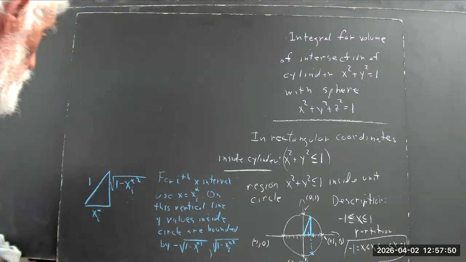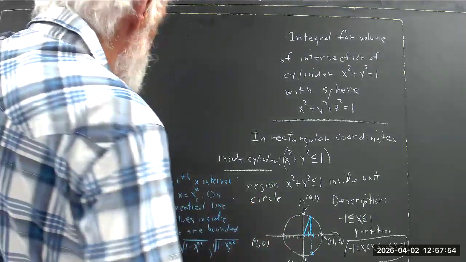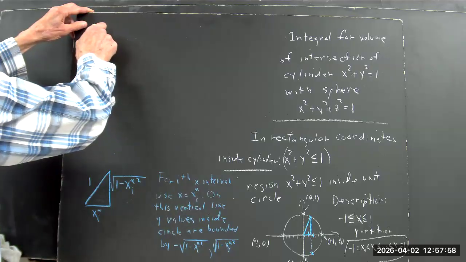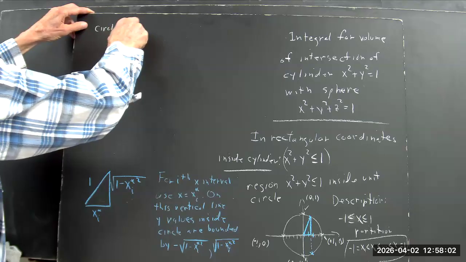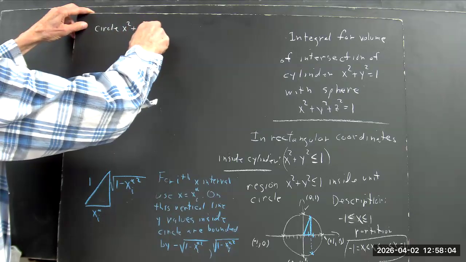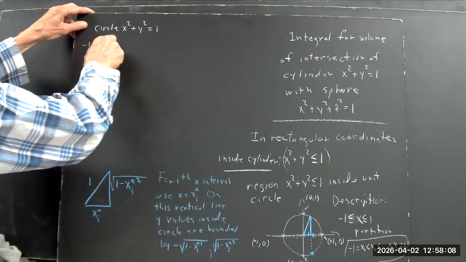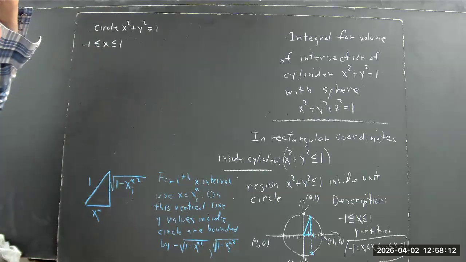Okay. So now our circle has -1 less or equal to x less or equal to 1.